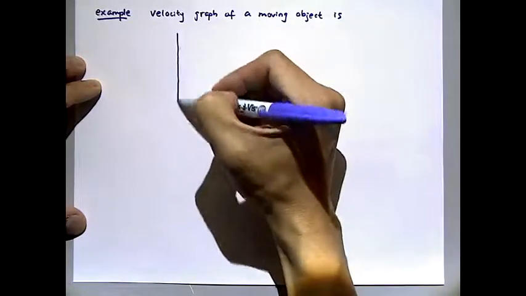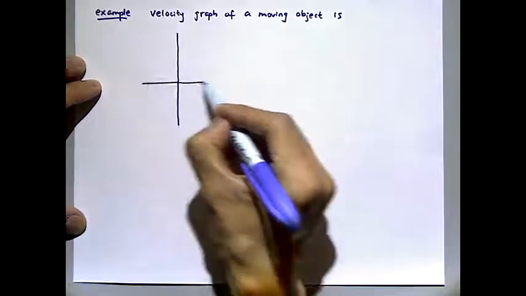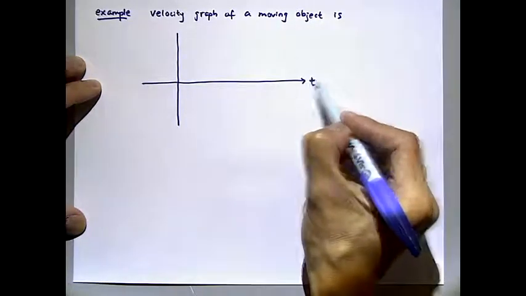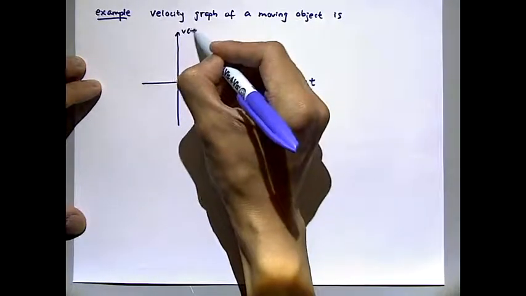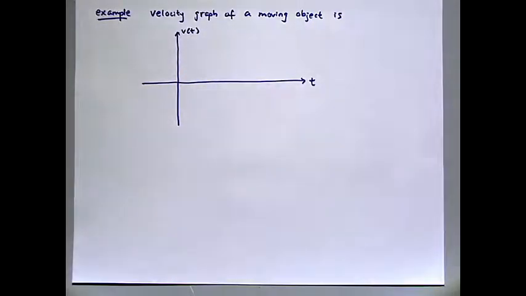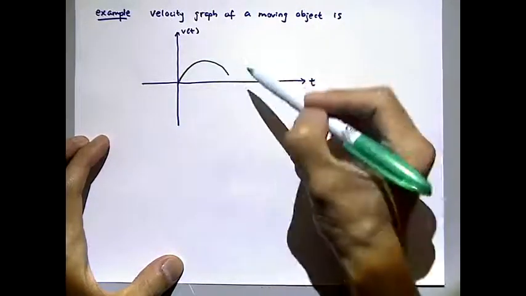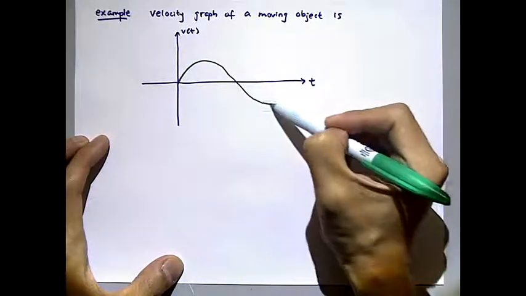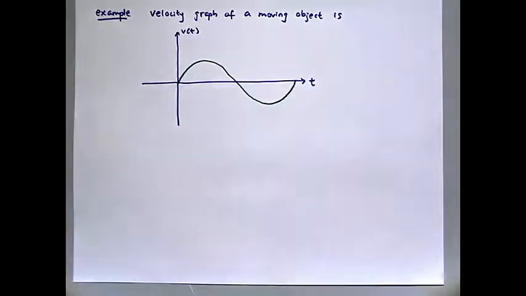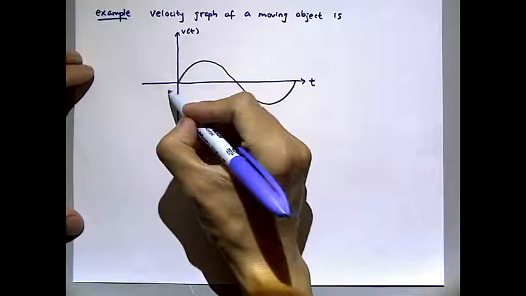Here I'm going to sketch the graph of the velocity of some moving object. And it's going to look suspiciously like a sine graph. And that's fine. Starts at t equal to 0.